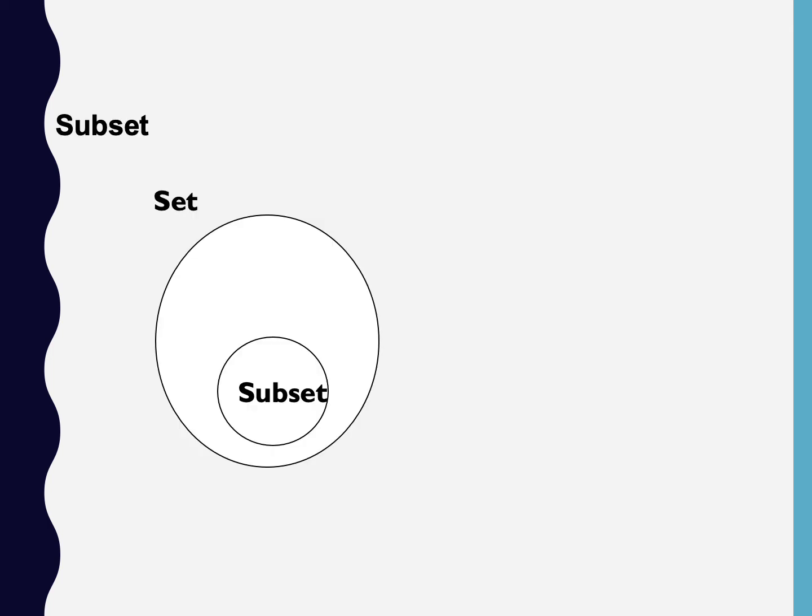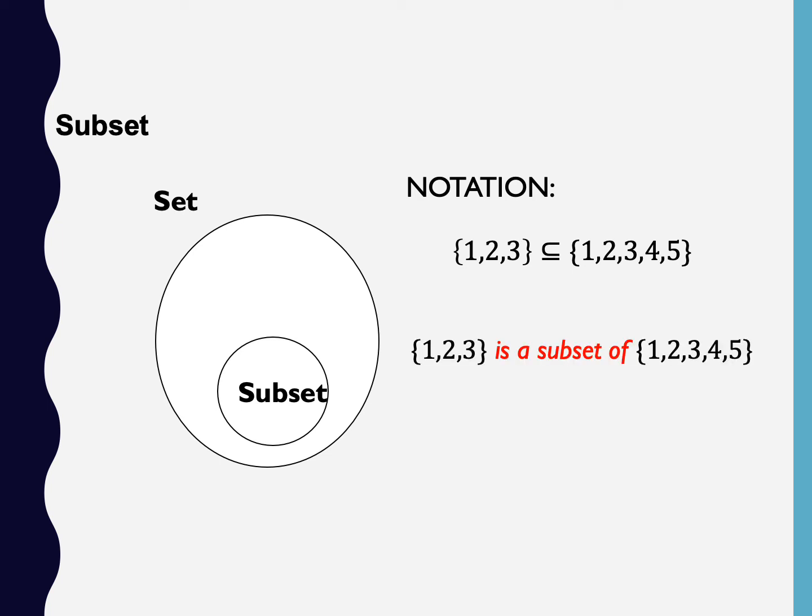Next, a subset is a portion or a small group of a set that is within a defined set, sometimes called a proper subset. It can be written using this notation. It means {1, 2, 3} is a subset of the set {1, 2, 3, 4, 5}.